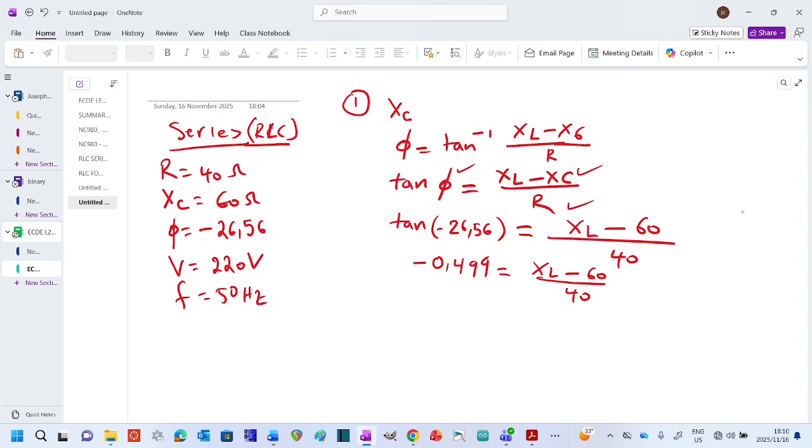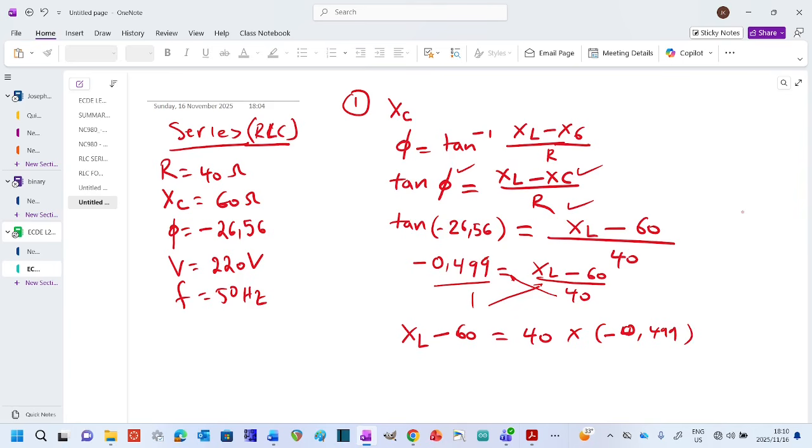If we cross multiply, 40 with that and then 1 with this, we end up with XL minus 60 equals 40 times minus 0.499.